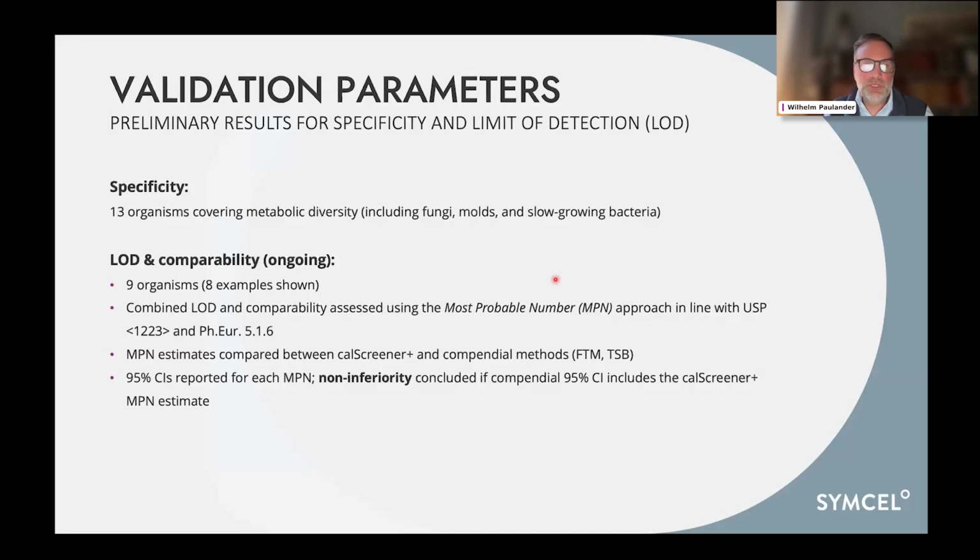The method we're using is quite standard, the most probable number estimates, where we're comparing our platform, the calScreener Plus, with the compendial method in FDM and TSP. And we are classifying it as non-inferiority if there are overlapping 95% confidence intervals between the calScreener Plus and the compendial method for the most probable number estimates.